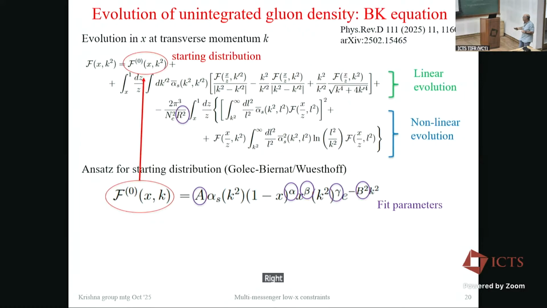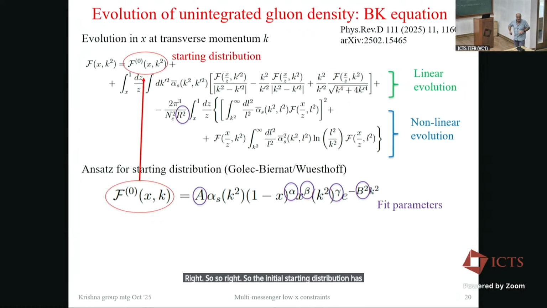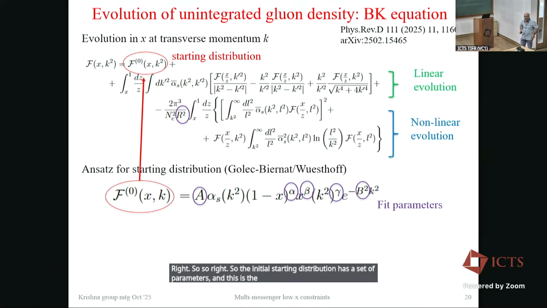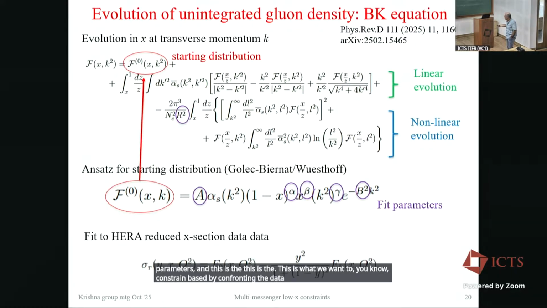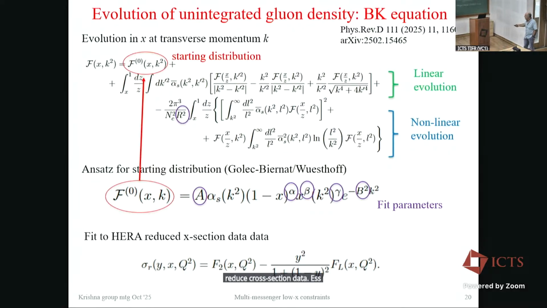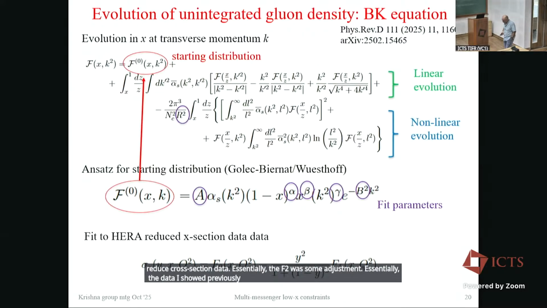Right. So the initial starting distribution has a set of parameters, and this is what we want to constrain by confronting the data. We're going to compare it to what's called reduced cross-section data, essentially the F2 with some adjustment, essentially the data I showed previously for the comparison to DGLAP.